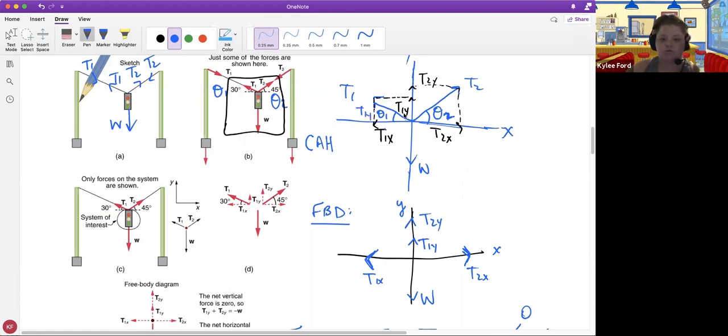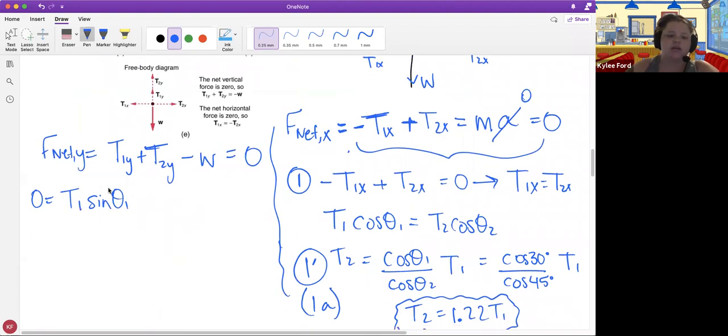So T1y and T2y, it's going to be opposite over hypotenuse. Same thing here, opposite over hypotenuse. So we're going to use sine. Okay. So we will have T2 sine theta 2.